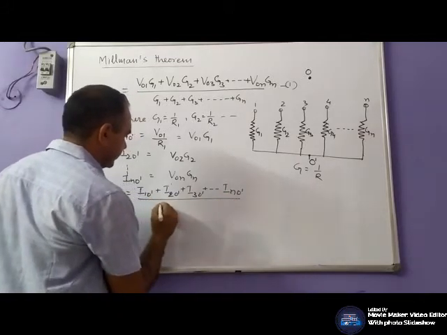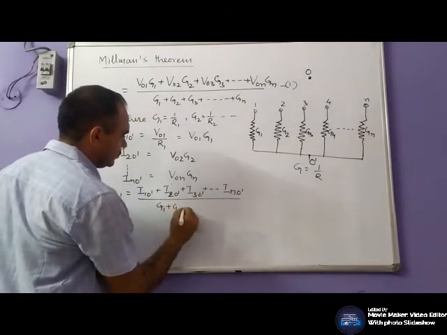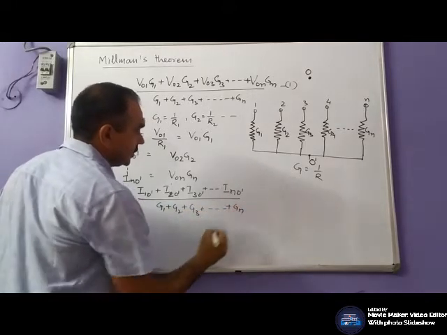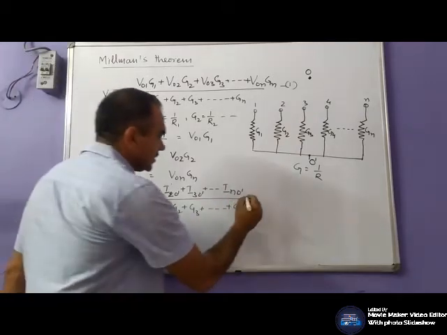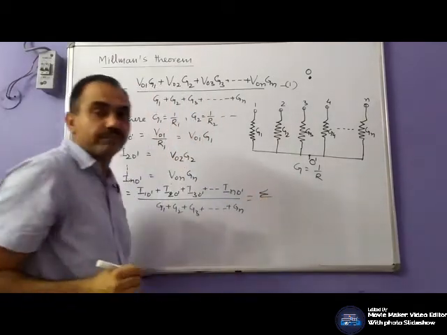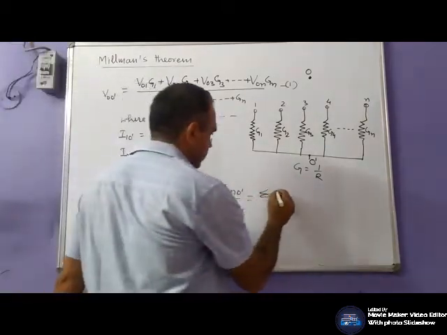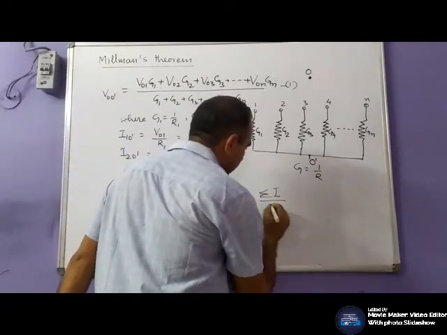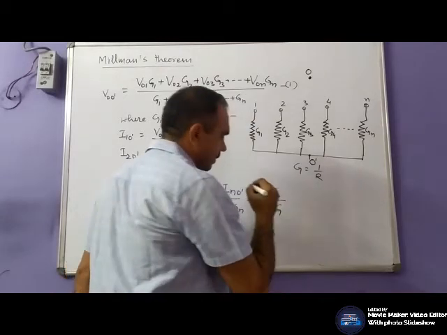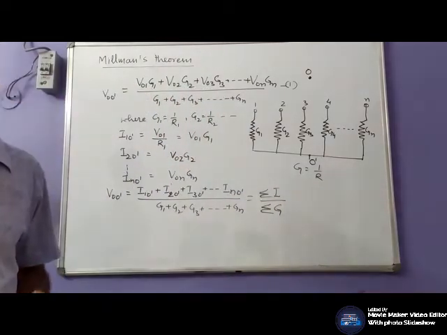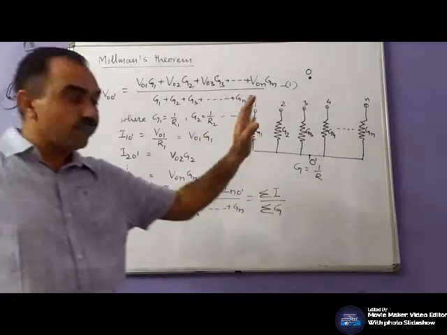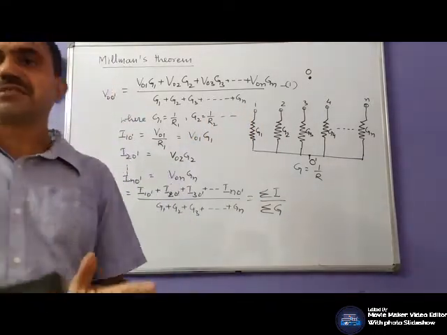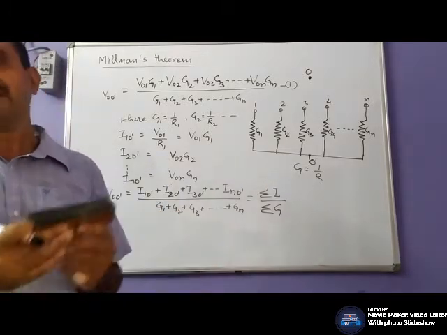divided by G1 plus G2 plus G3 plus so on Gn, or this is the algebraic sum of current to the algebraic sum of conductance. So means in place of voltage source we can have current source. A number of current sources are connected in parallel.